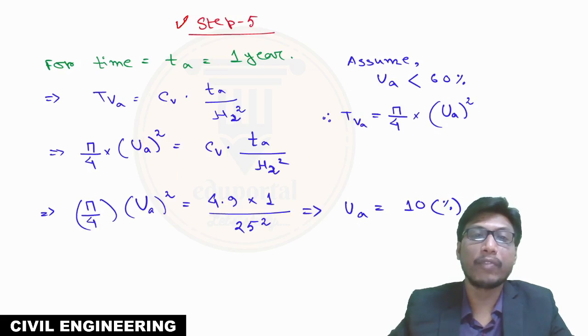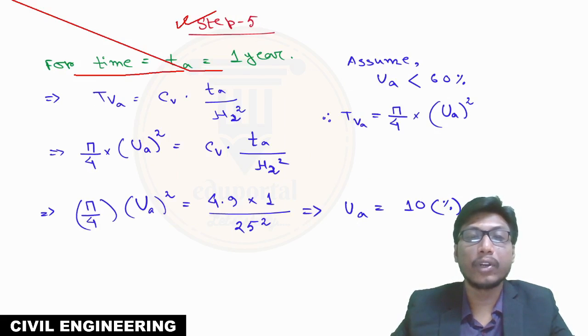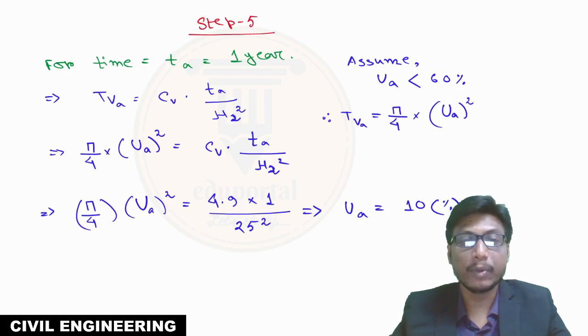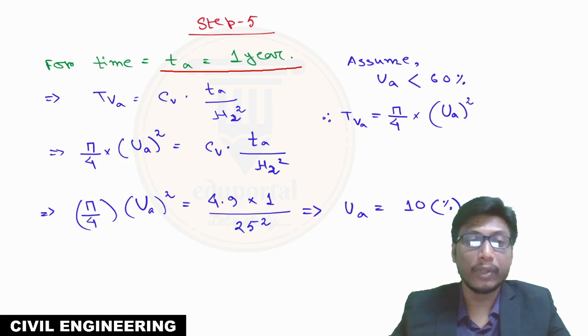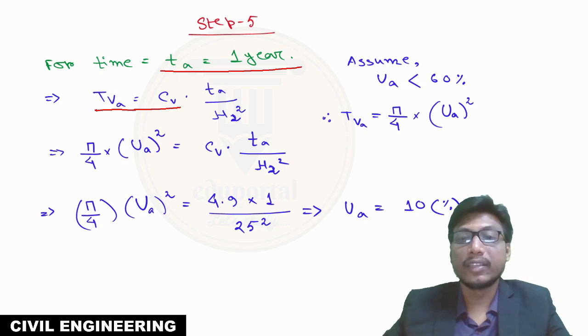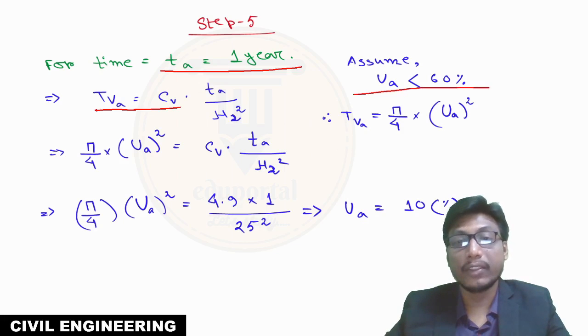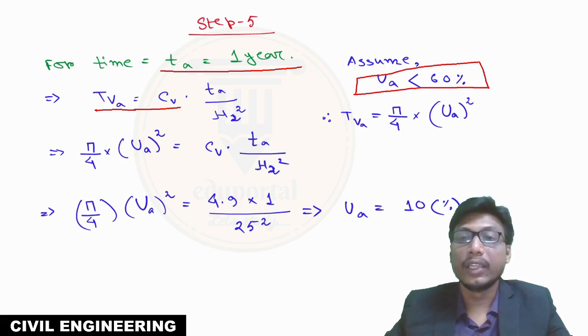Now step number 5. For the second type of soil, when time equals 1 year, again we will use this equation. We assume that the degree of consolidation is less than or equal to 60%, so TVA equals pi by 4 into UA square.